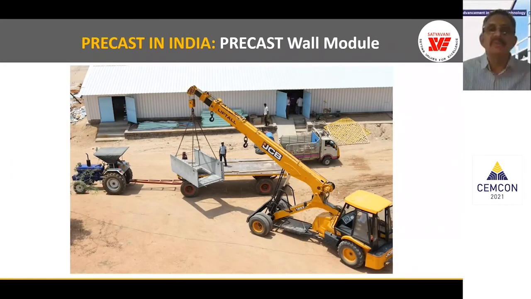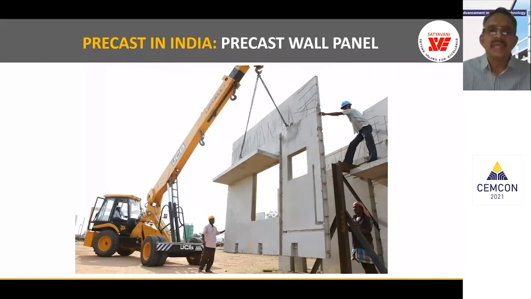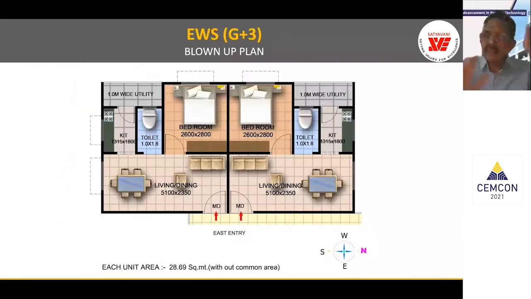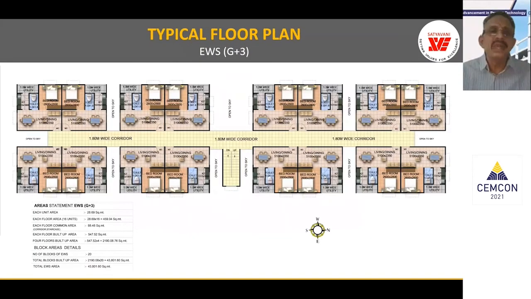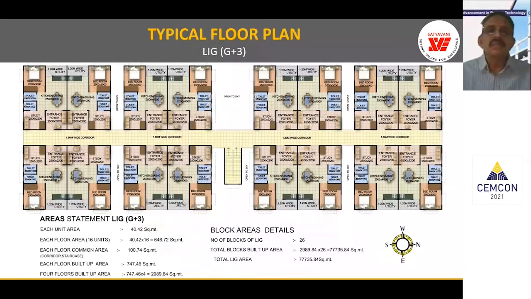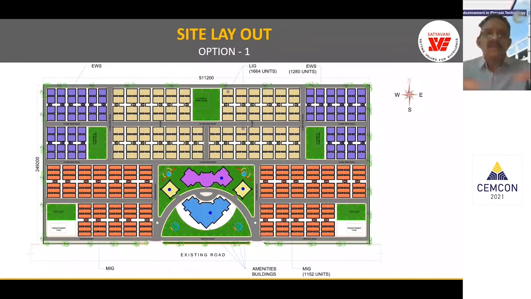So these are some of the photographs: stacking of the wall panels, handling of the wall panels, transportation, and erection. And this is how we start planning. We do the unit plan. We try to bring in the repeatability of these wall panels and the slab panels, and we develop these different sizes into blocks, and we also develop these blocks, combining MIG, and make a layout like this.